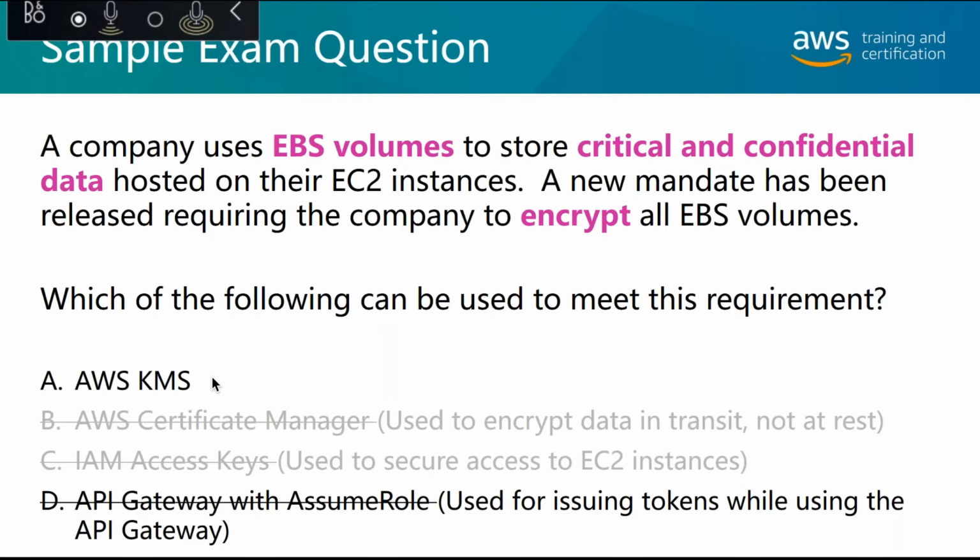And then what you can do is use Key Management Service for your keys. KMS, again, allows you to create your master keys if you want, and then it allows you to select the master key that you created, so that it's going to be used to encrypt your data.